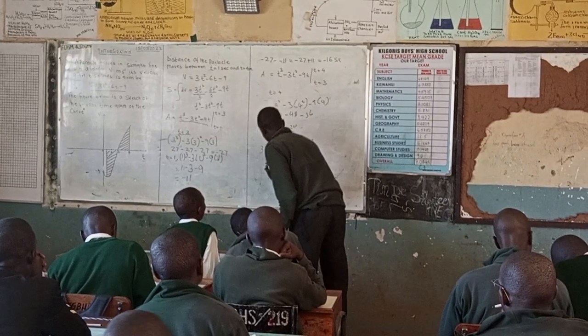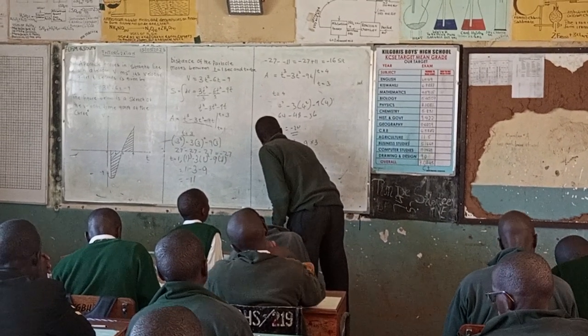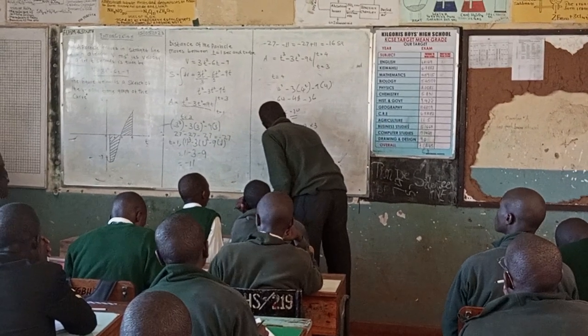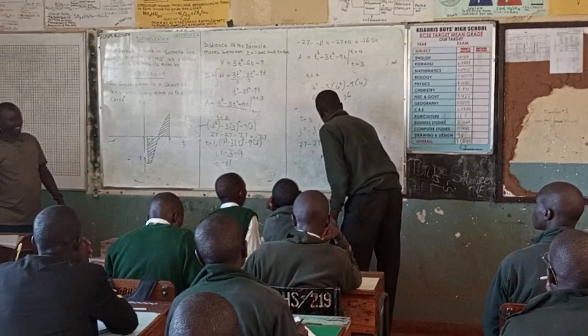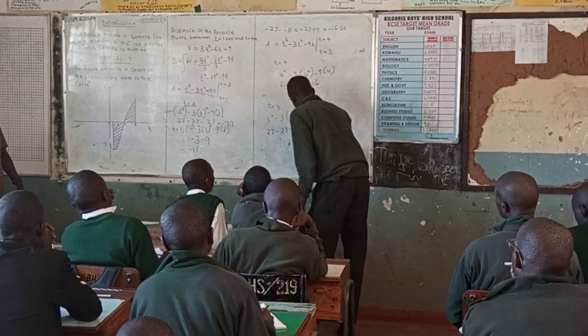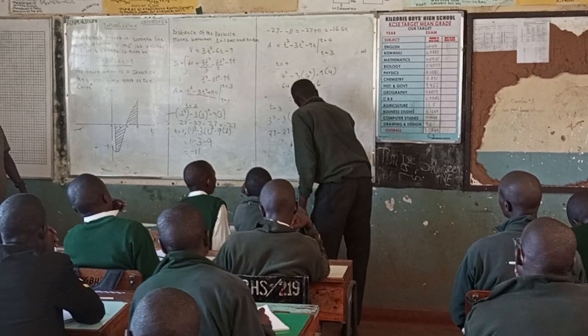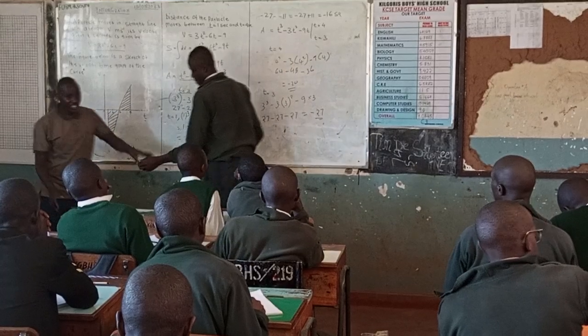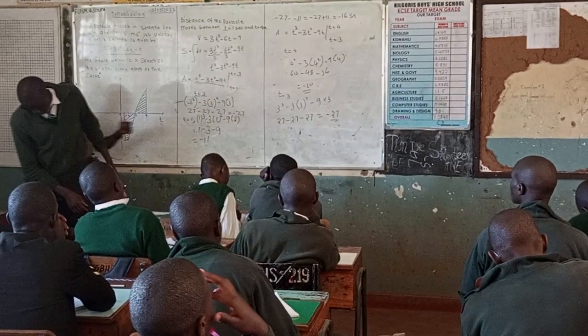So 3 cubed is 27, then minus 9 times 3. Some people make a minus at the back there. Minus 27. Is it okay? Yes. So we can have this one as negative 27.